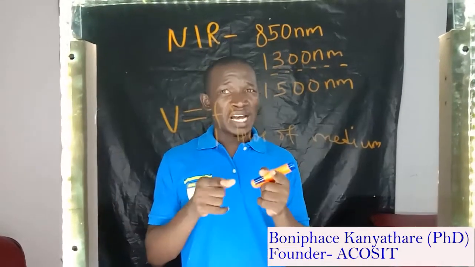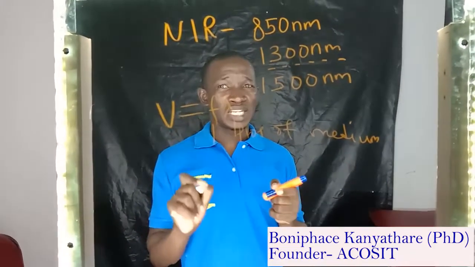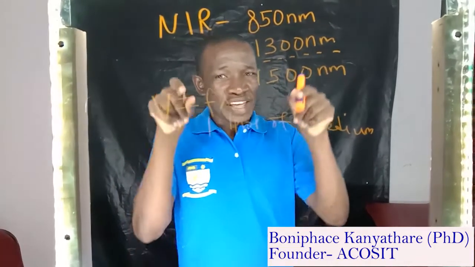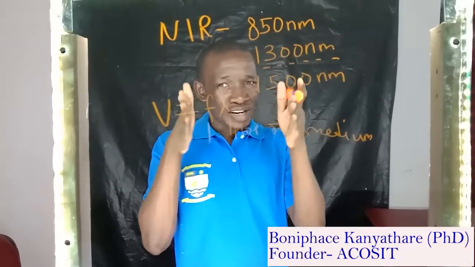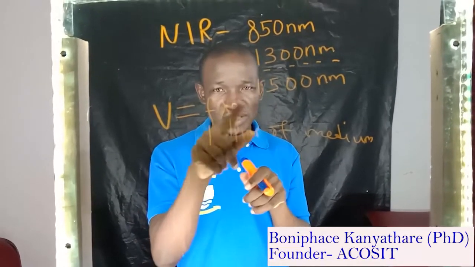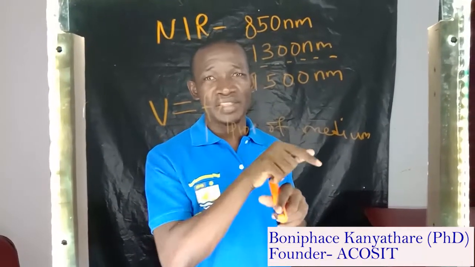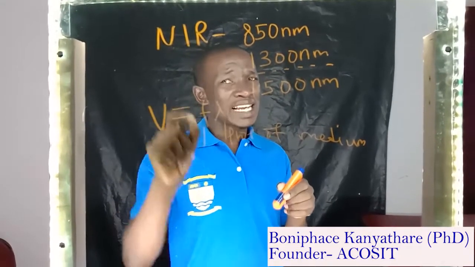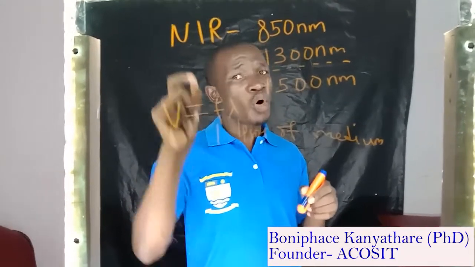Because of that, it is very important to understand the kind of wavelength we use for fiber optics communication, since wavelength is a property of the material that light passes through or interacts with.